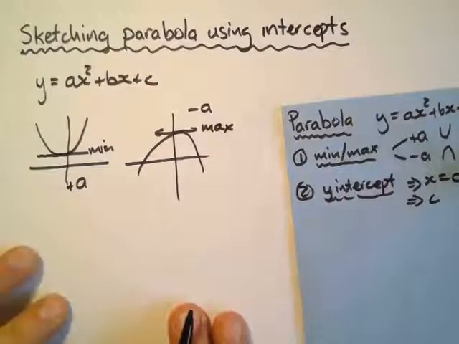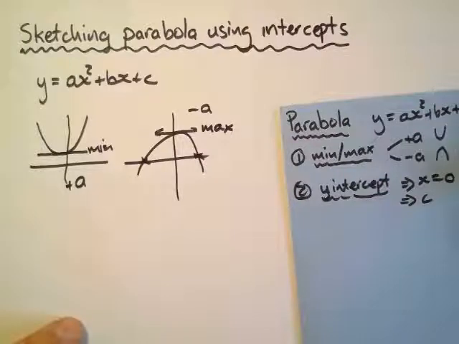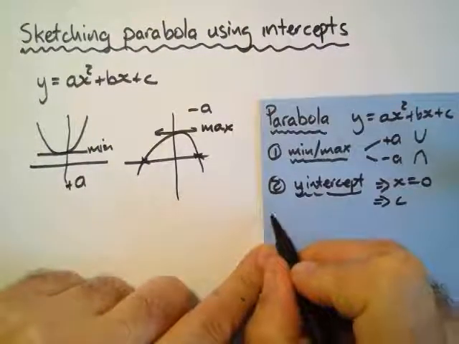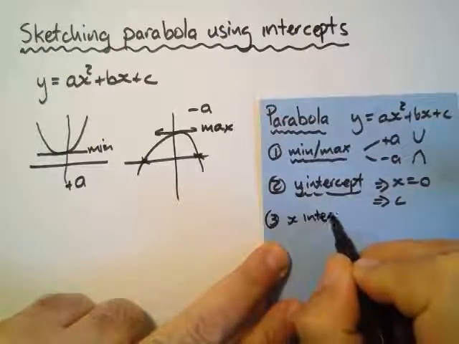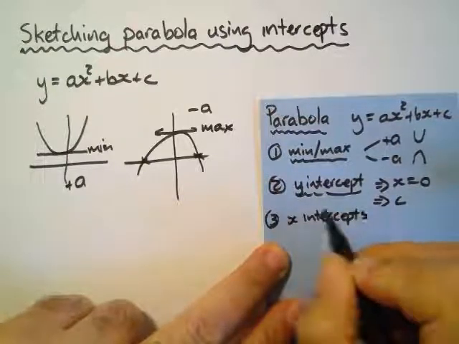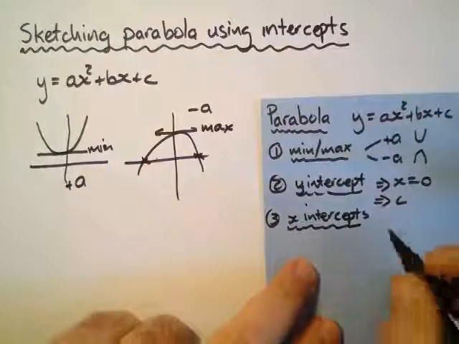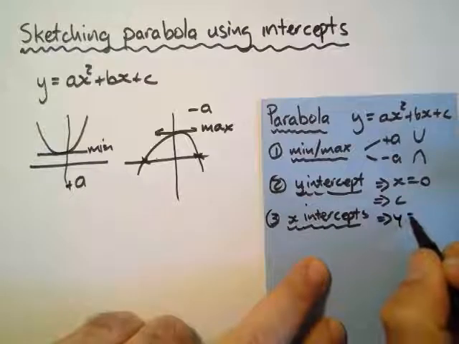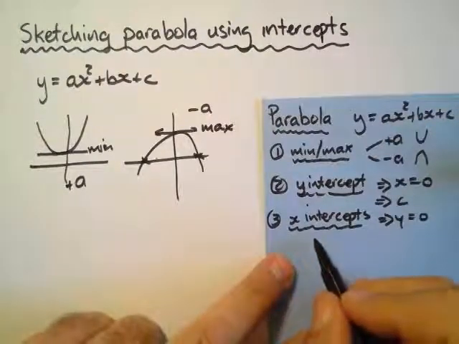Our next values that we want are our intercepts with the x-axis. So my third step is my x-intercepts. My x-intercepts is of course where my y value equals 0. Now there are three ways that I can get this.